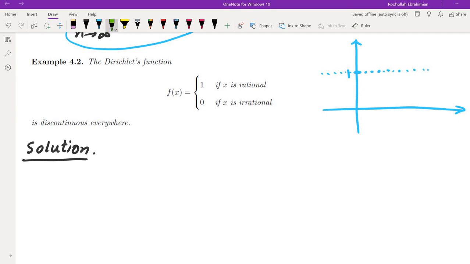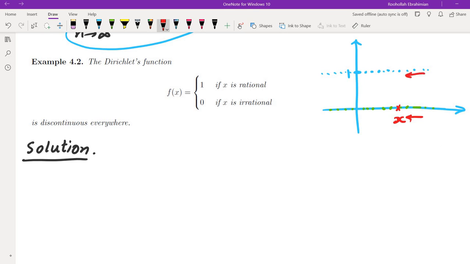And at every irrational, for example root 2, pi, all of these numbers that are irrational, you would get a point at the bottom. So if you take any point, let's say x, you can approach x along irrationals because the set of irrationals is dense.